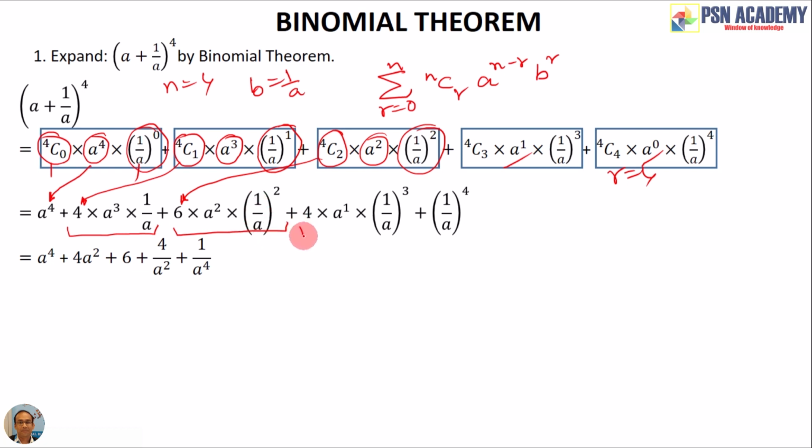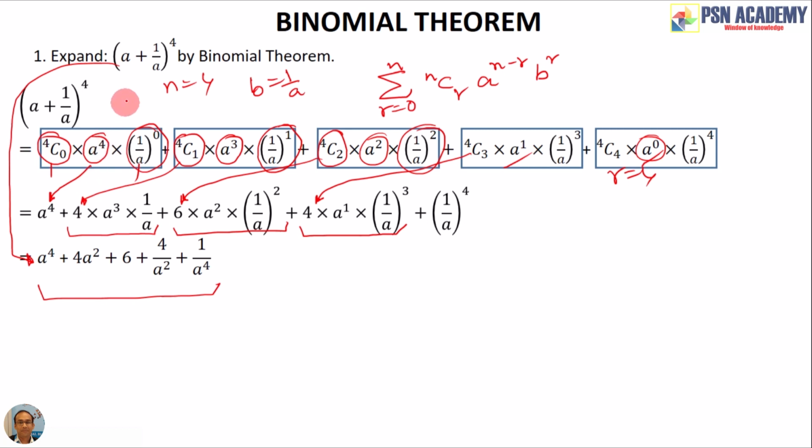And then you have this term, 4C3, which gives you 4, and then a, and 1 by a whole cube. And 4C4 gives you 1, and this a to the 0 will also give you 1. So you are left with 1 by a raised to 4 only. So if you simplify, you get this expansion. So a plus 1 by a, these are the two terms, raised to 4, can be expanded to this.